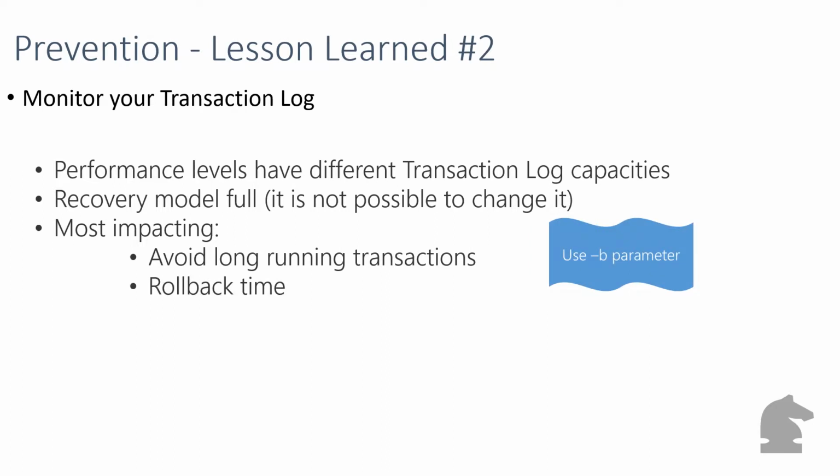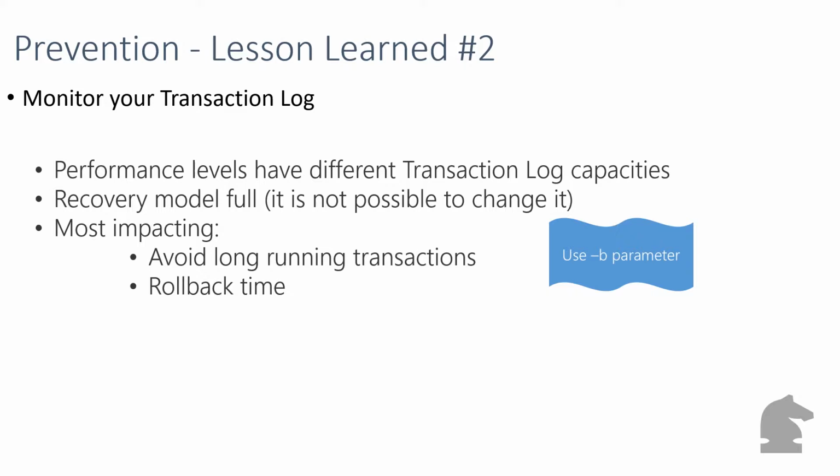Also, if you try to kill the session or finish the process, for example, if you have a long-running transaction of 40 minutes or 15 minutes and you kill the process without completing it, the rollback will take the same time that the long-running transaction had previously.